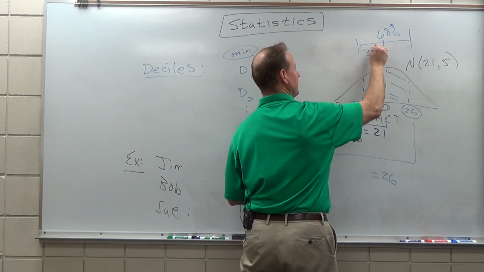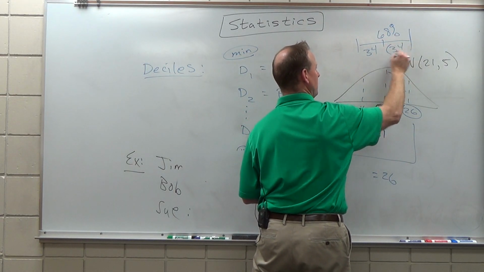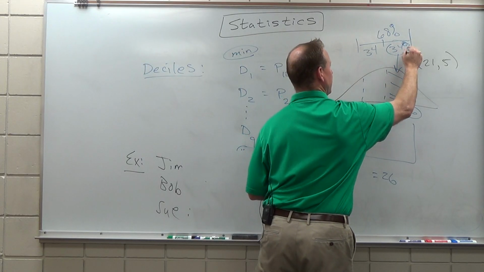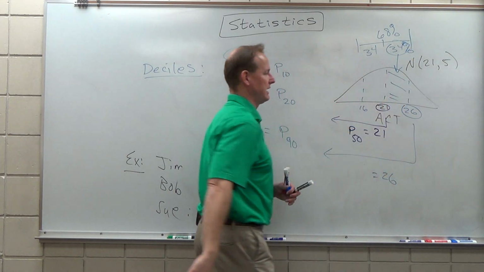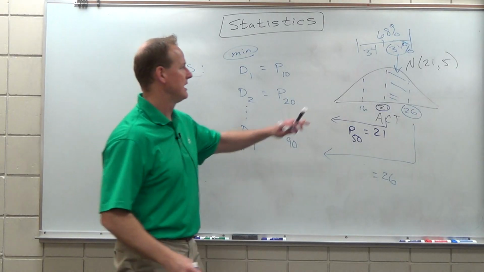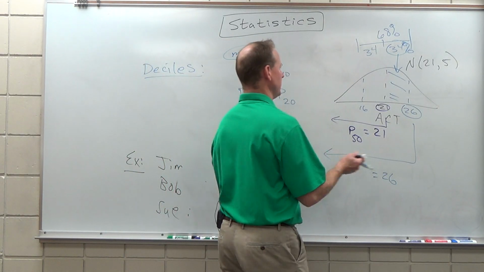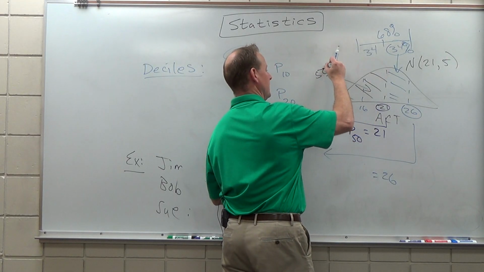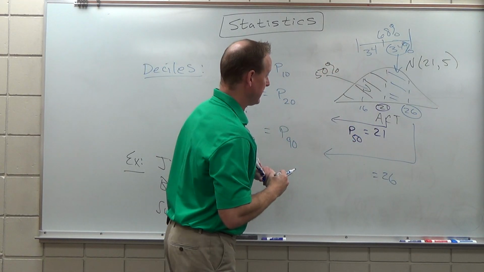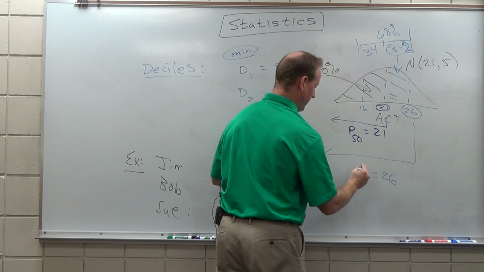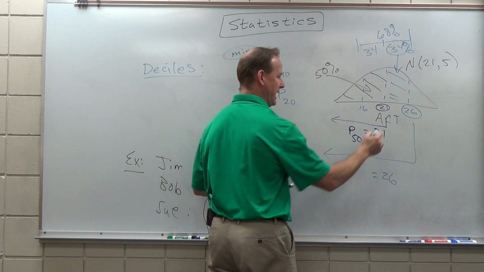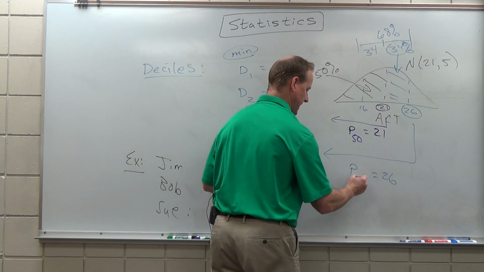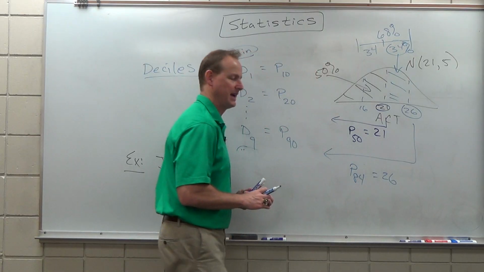So if we split that into 2, we've got 34 and 34. So there's 34% of the data between 21 and 26, plus the 50% that's over here. Then we can say that 84% lie below the observation of 26, so that's the 84th percentile, P sub 84.